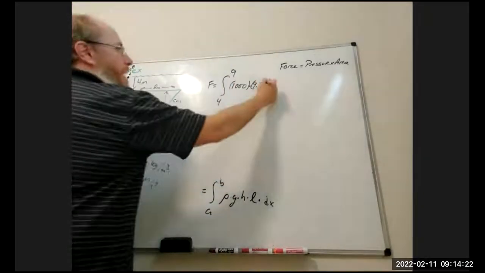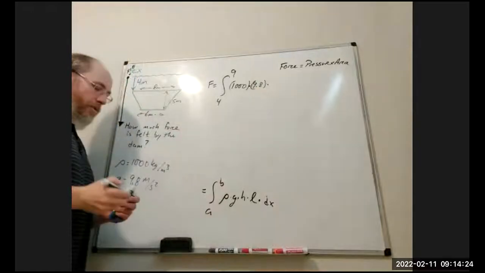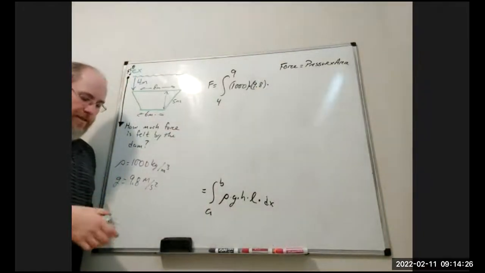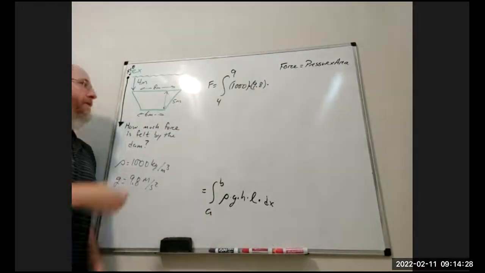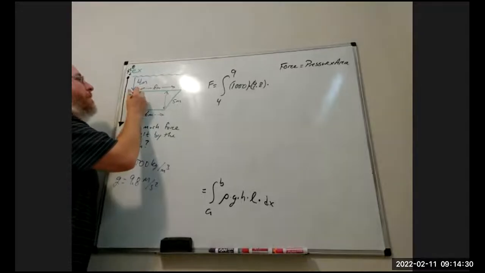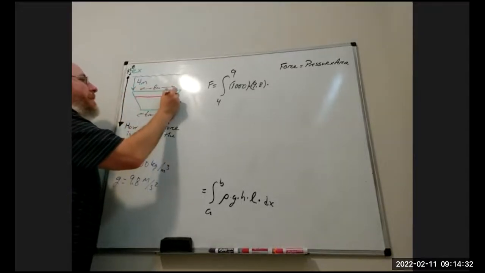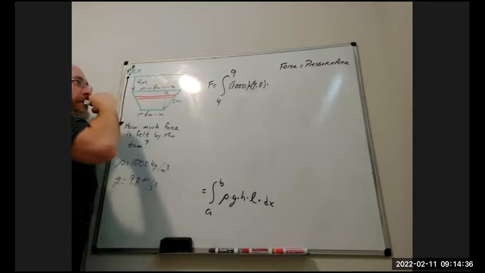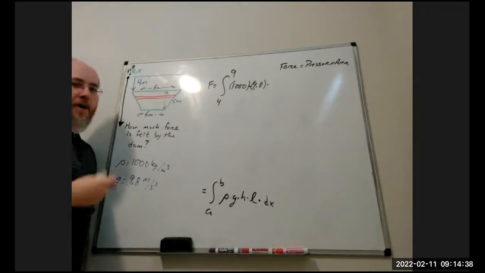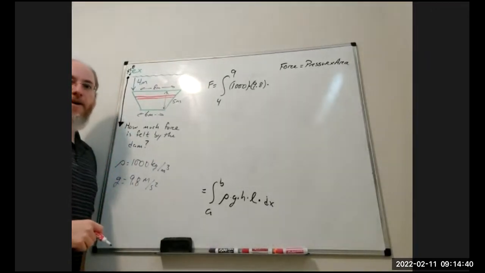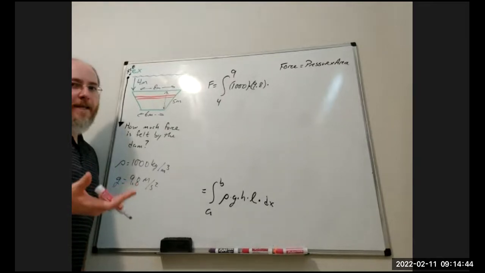Okay, so now what I need is to think about one little strip across this dam, about this submerged plate. So here's my generic representative. So the first thing I need to know is how deep it is. How far under the water is that? Well, it depends, right?